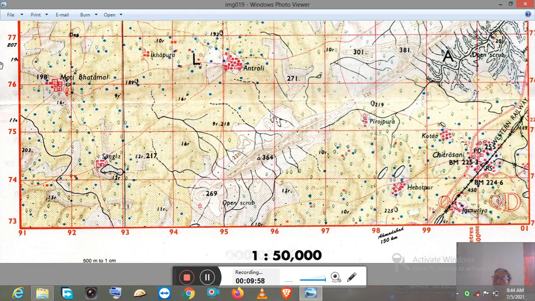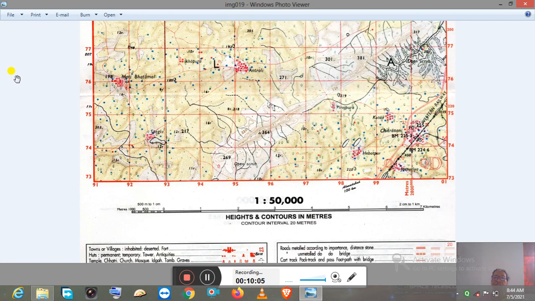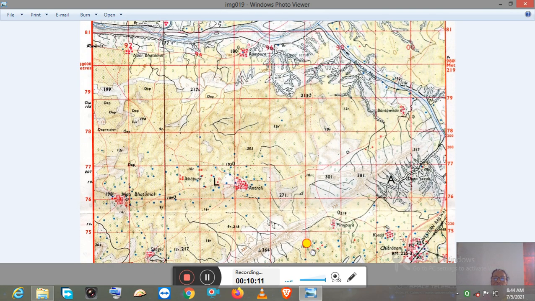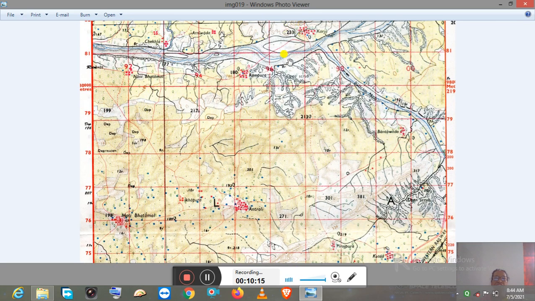Okay. Next, you have studied about the settlement pattern. So, all over the map, what is the general settlement pattern? You can see the villages are shown in groups.